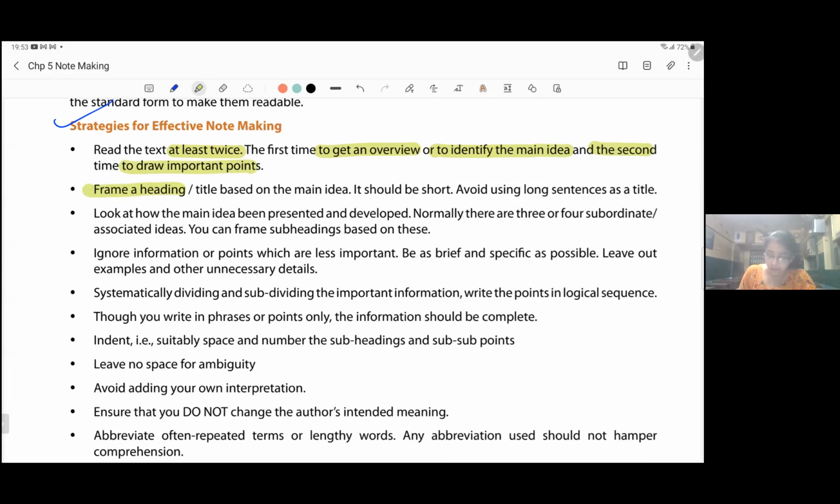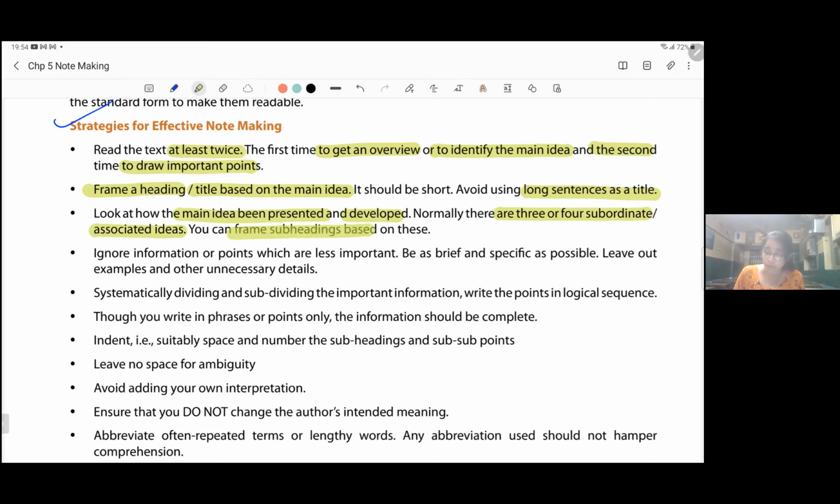Frame a heading or title based on the main idea, right? Avoid using long sentences and sentences as titles. Look how the main idea has been presented and developed. Normally there are 3 or 4 subordinate associated ideas.